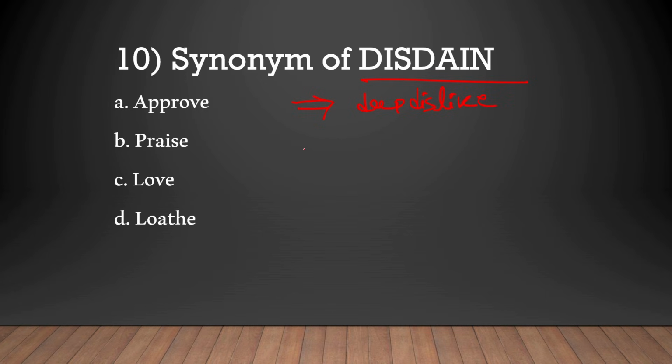So words like despise, detest, contempt, hate, abhor. Okay, so these are the synonyms of disdain. So look at the options. Option D, that is loath. The word loath means to hate someone or something intensely.